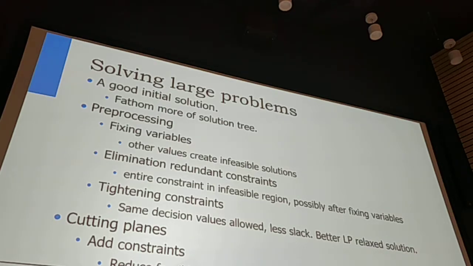And there's an example of this in the book. What you can have is like 6x1 plus 3x2 plus 4x3, and basically it's smaller or equal to 10. And basically you can simplify that to 2x1 plus 1x2 plus 1x3 is smaller or equal to 4. And that does exactly the same thing.